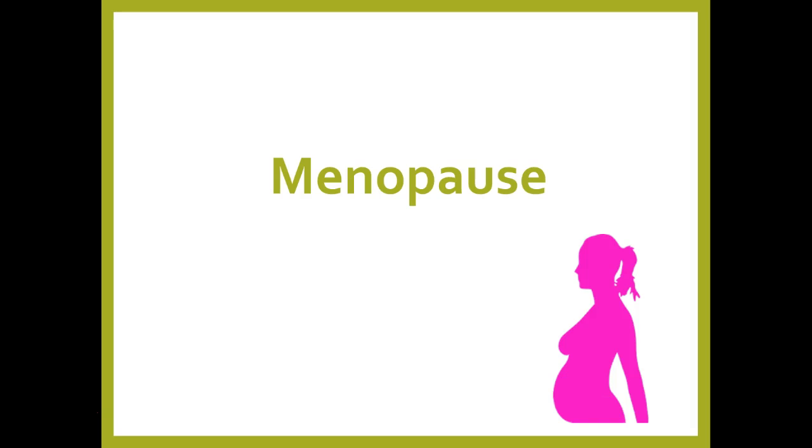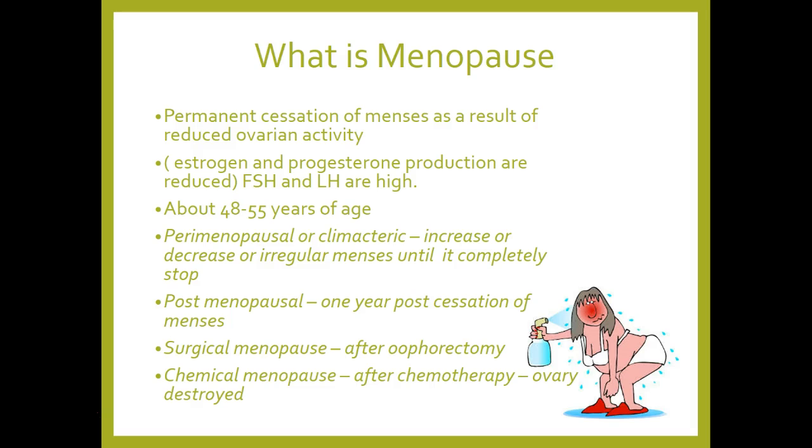Okay, let's run through menopause, see how quickly we can do this, and this will be the end of lecture 1. All right, so what is menopause? Well, menopause is a normal physiological process, and it usually lasts several years.